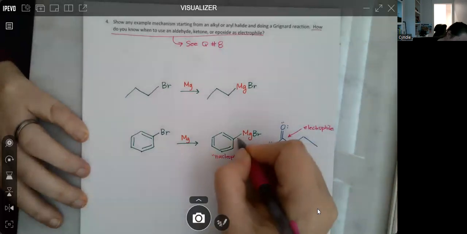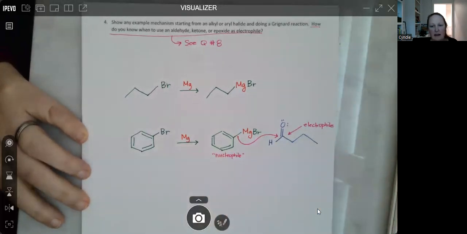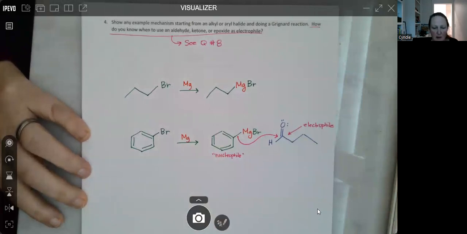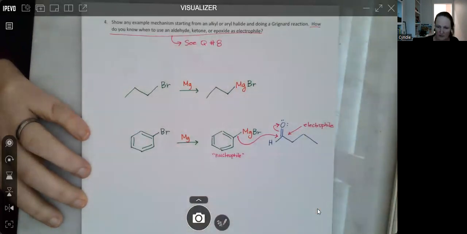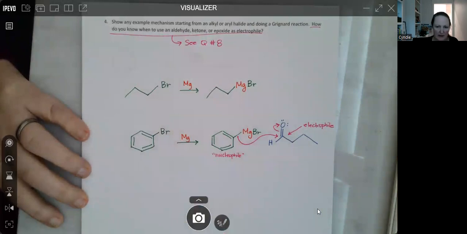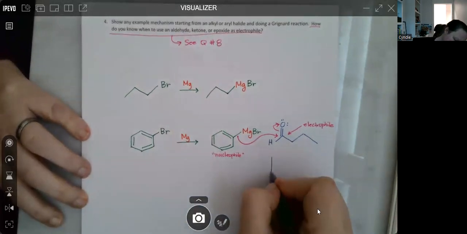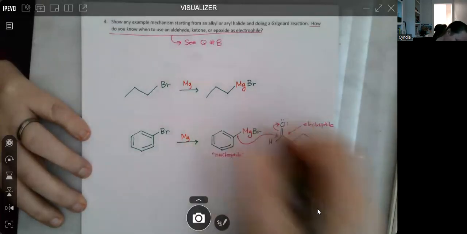So the nucleophilic electrons attack the electrophilic center, and then a resonance arrow shows the formation of the new carbon-carbon bond. So that is a nucleophilic attack.